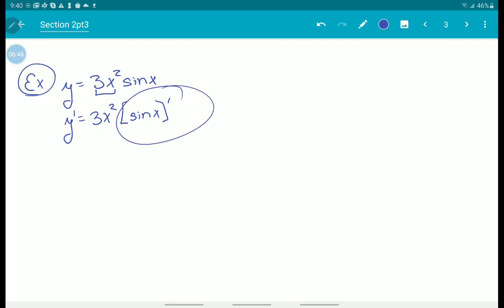And that's what this notation does, is if it's in the brackets with that little apostrophe here, it means you need to take the derivative of what's inside. So first times derivative of the second plus the second times the derivative of the first. So there's my setup. And now we're going to take derivative. The derivative of the sine is cosine.